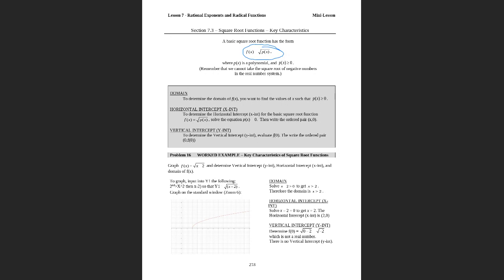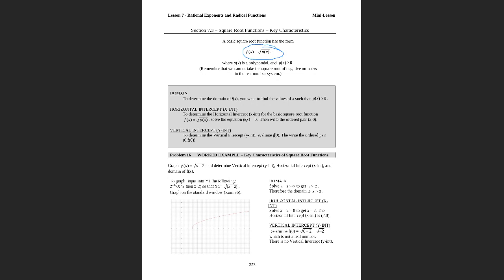You could understand that in section 7.1 and 7.2. So p of x should be greater than or equal to 0. We don't want p of x being negative numbers, because for a square root or an even root, that is going to be a problem. Because if that happens, then you are going into complex numbers.